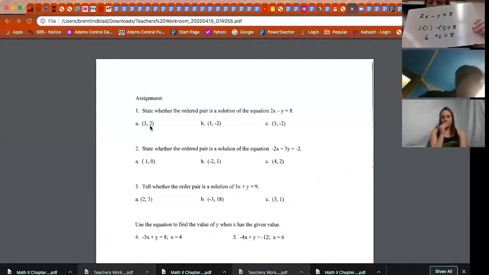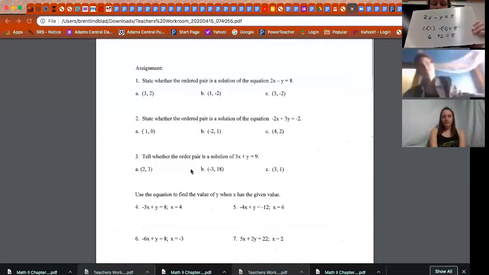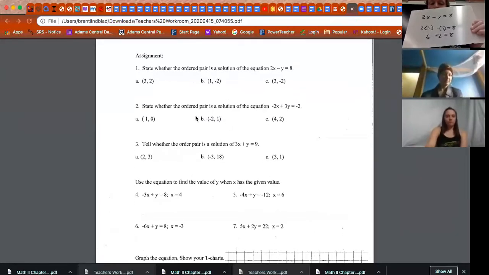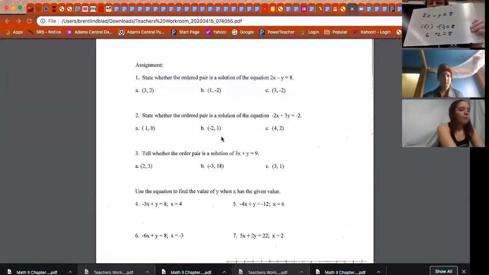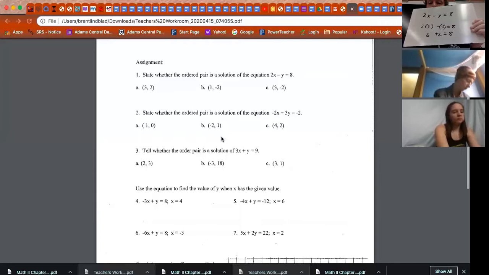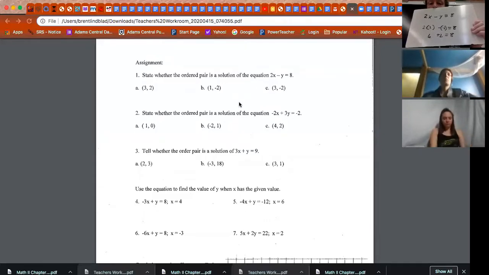So when we do 2 and 3, there could be more than one correct answer. Be careful and watch out for negative signs. That's how you do it. I've already done number 1 for you. We know the answer is C. So if you want to put that down somewhere, make sure you note that the answer to number 1 is C.